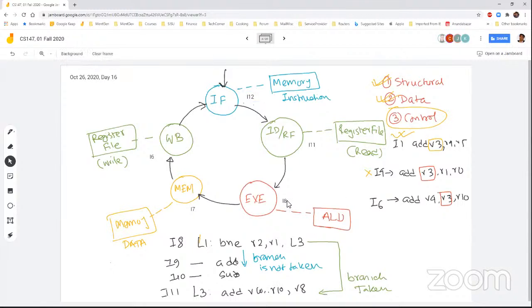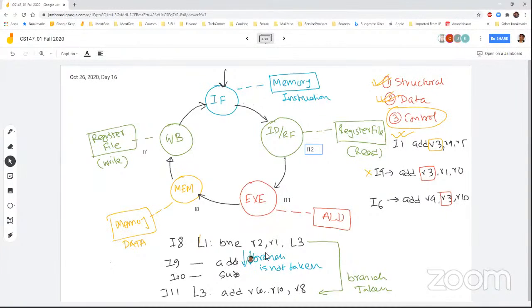Now, at the end of this story, once it is done and moved to here, this moves to there, and let's move this one here and that one there. Now I know that in this case, the branch was not taken.